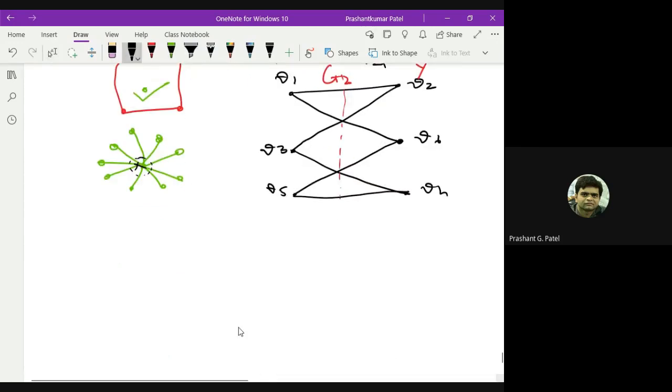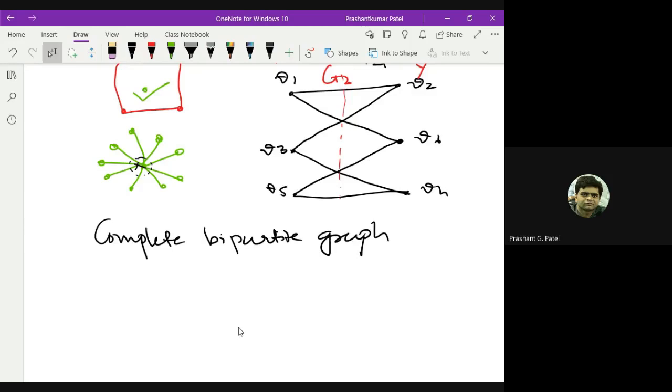Next definition is a complete bipartite graph. So what is a complete bipartite graph? First of all, it is a simple graph. It has to be bipartite. Okay.